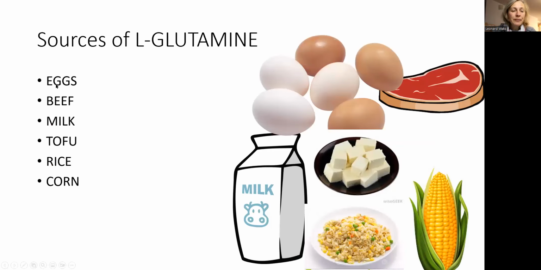Sources of L-glutamine: eggs, beef, milk, tofu, rice, and corn. You can see here, my favorite topic, on the topic of diet, right? People, vegans, vegetarians, be aware, especially vegans, that meat, eggs, and milk are a source of L-glutamine.